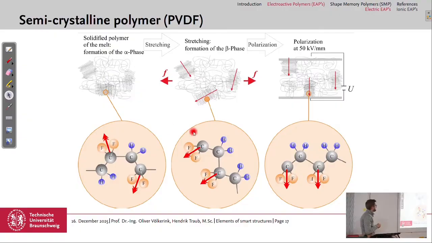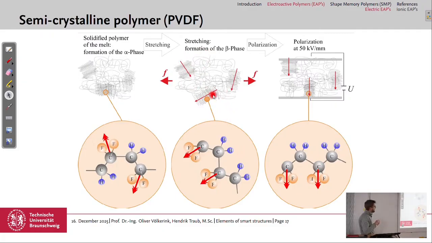So now, how do we come from our solidified polymer out of the melt to the usable piezoelectric material? First, the alpha phase is formed. Again, anti-parallel dipoles, so no macroscopic effect. Then we do the stretching. In the stretching, we get the beta phase in the different crystalline areas.